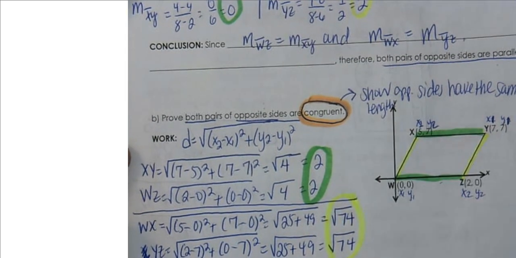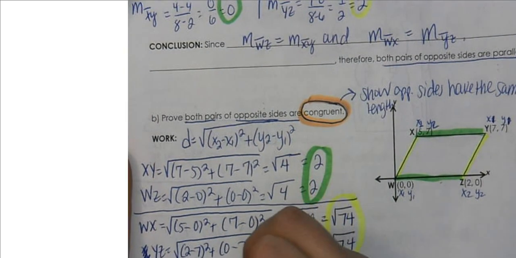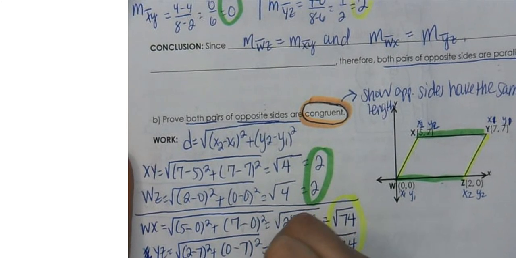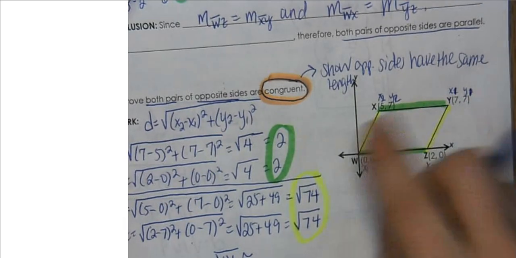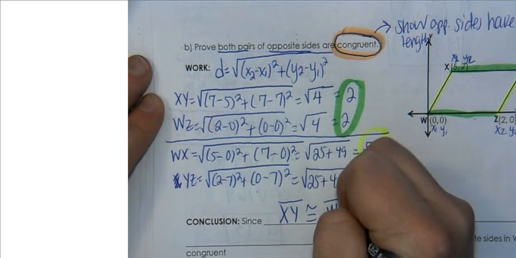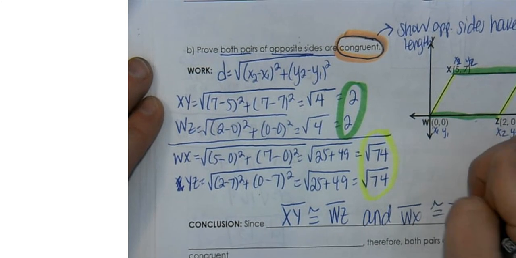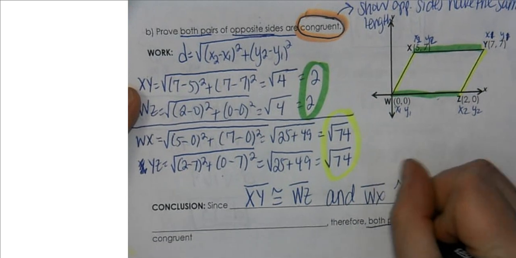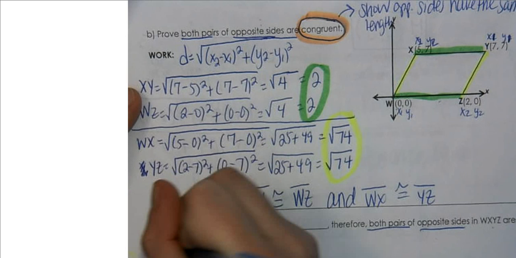And both of these distances are the same. So what we're going to say is, since segment XY is congruent, now we can say they're congruent because they have the same length. Since XY is congruent to segment WZ and segment WX is congruent to segment YZ, we can therefore say that both pairs of opposite sides in WXYZ are congruent to each other.